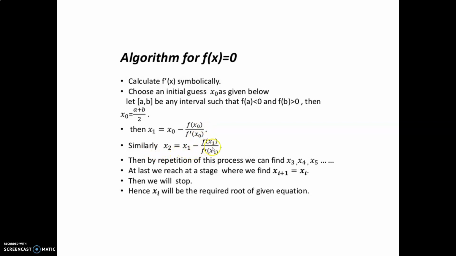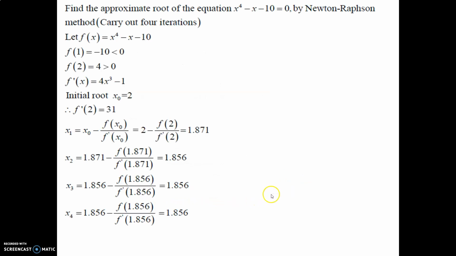Similarly x2 = x1 - f(x1)/f'(x1). Then by repetition of this process we can find x3, x4, x5. At the last we reach the stage where we find x(i+1) = xi. Then we will stop and hence xi will be the required root of the equation.